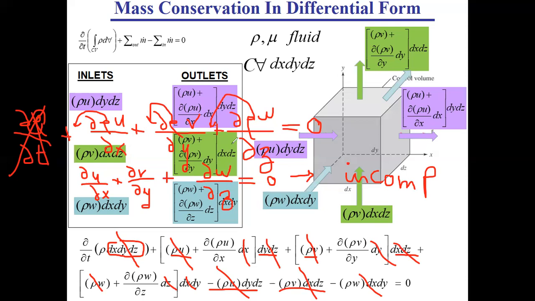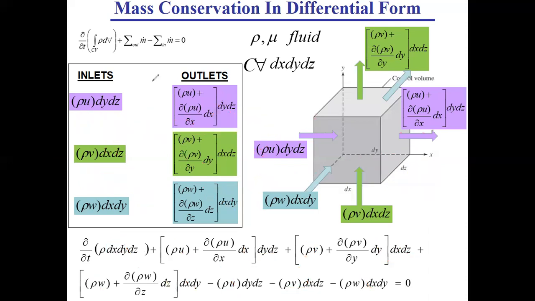So if it's steady but not incompressible, the equation will be del rho u by del x plus del rho v by del y plus del rho w by del z equals 0.